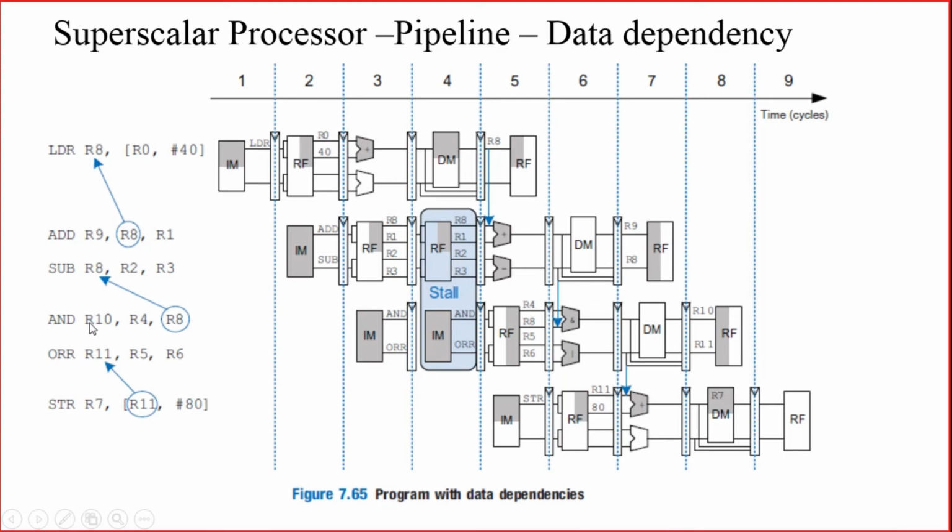So even though these two instructions have been taken, this also will be stalled. That means the previous stage, that is the fetch stage, will be executed here also. In the previous instruction, the decode stage will be executed here. In this instruction, the fetch stage will be performed one more time.